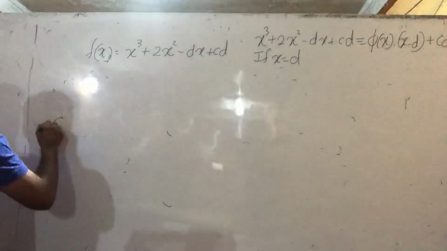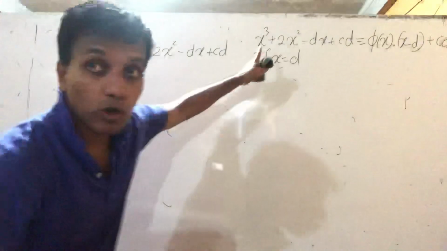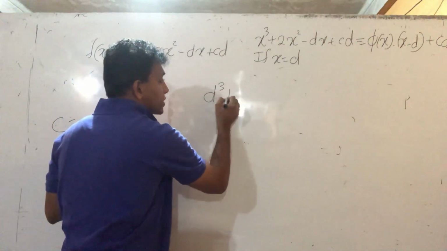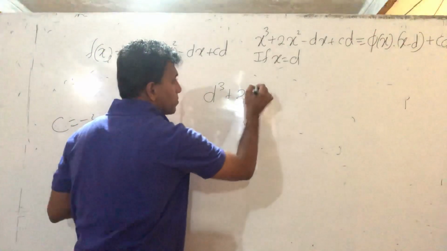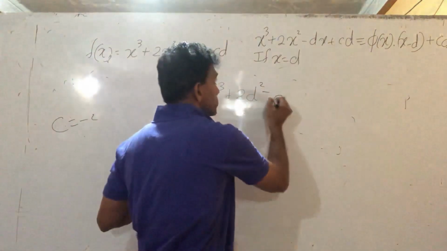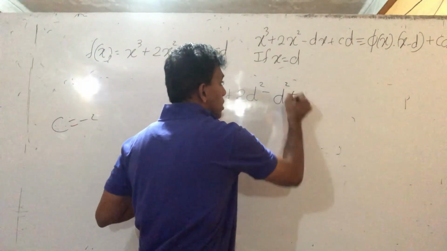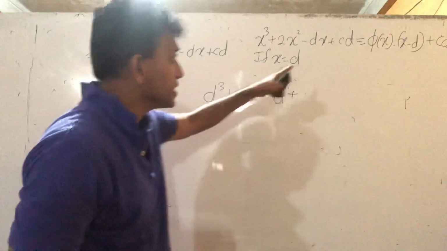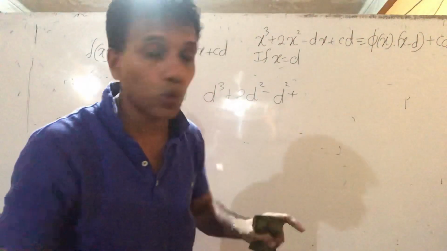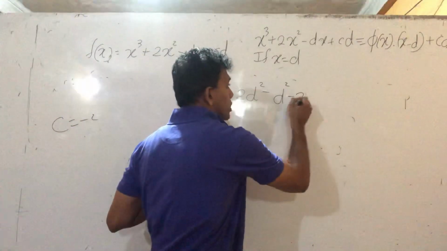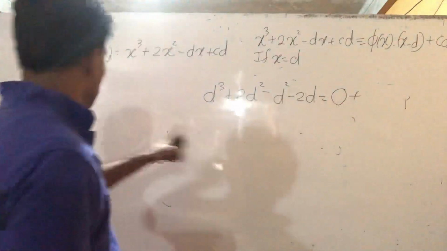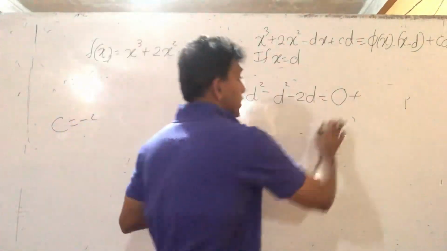Put x for d everywhere. d cubed plus 2d squared, put x for d, d times d squared. c into d. Can I write c? Well, c is minus 2. That is therefore minus 2d, equals 0. Put there c as minus 2, again minus 2d.